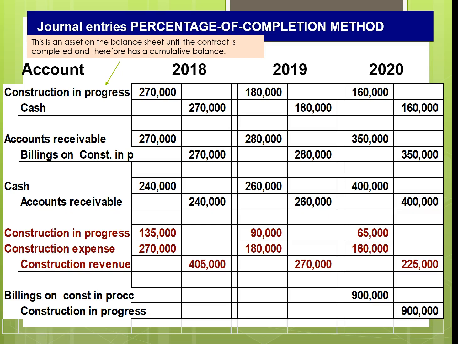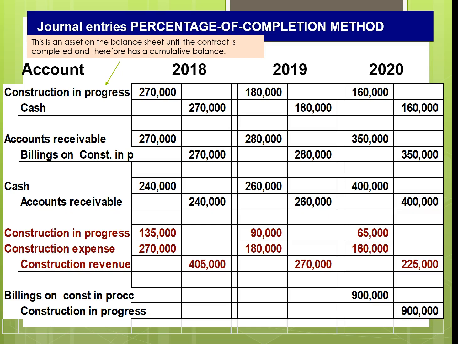And in this example, we would see that we book revenue of 405 minus construction expense. These two accounts are on the income statement, and the net difference would be the 135, which would be our gross profit. We also have to debit that to the construction in process because that's the only way in the end the account will equal 900,000.